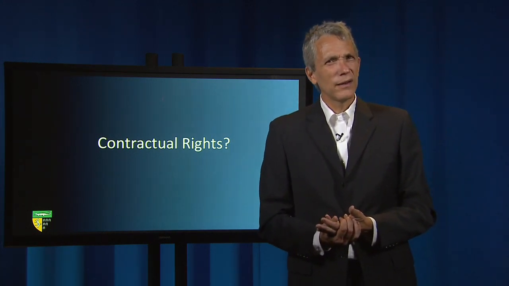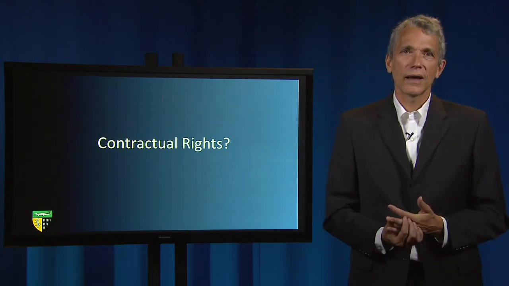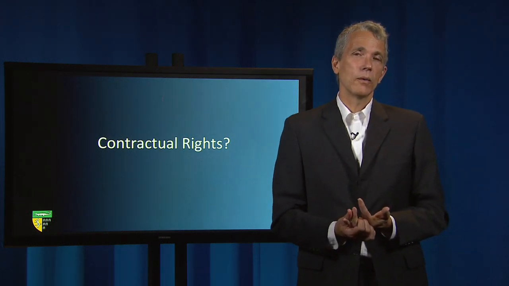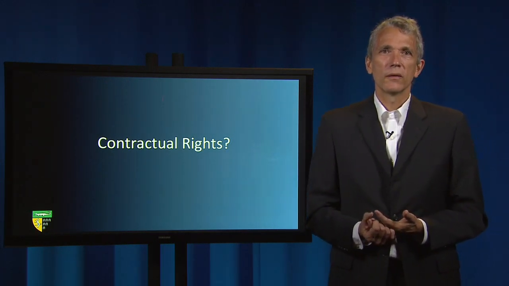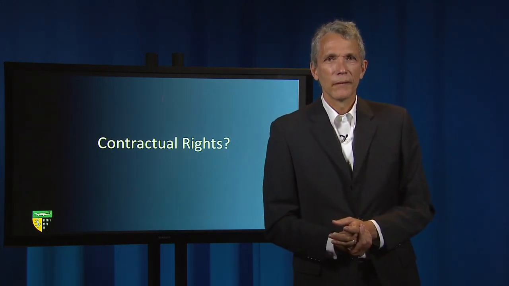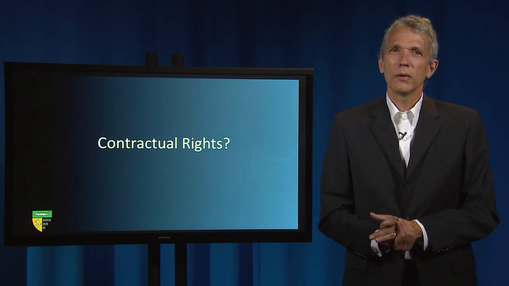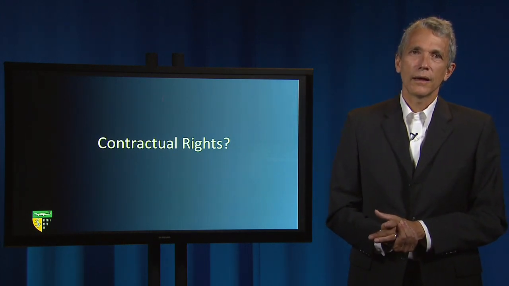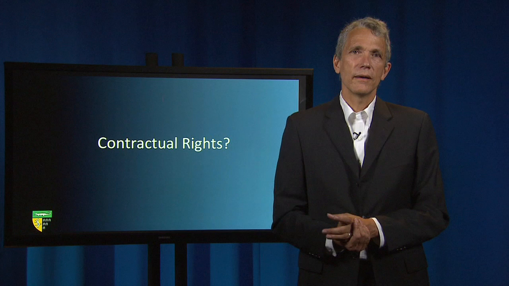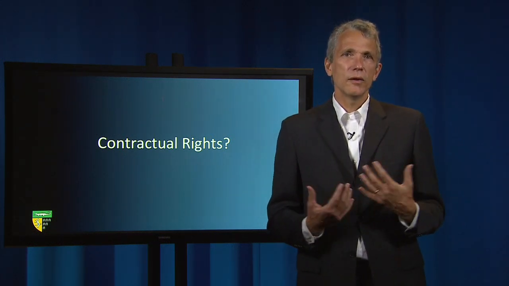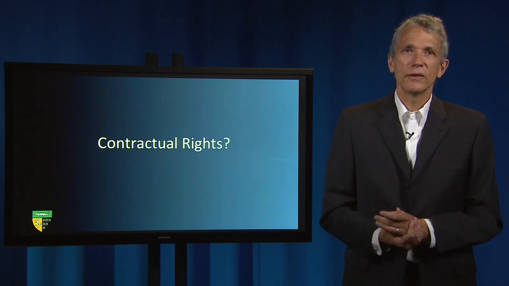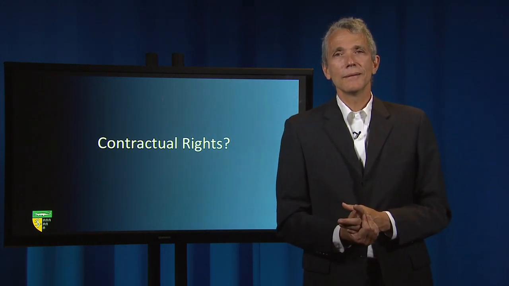Calabresi and Melamed's theory might suggest that the contractual entitlement should be protected by property rules, such as court orders of specific performance, perform or go to jail. After all, the parties were able to contract initially. Calabresi should be able to renegotiate if he doesn't want to perform. The singing Calabresi could buy back Melamed's contractual entitlement to hear Calabresi sing.